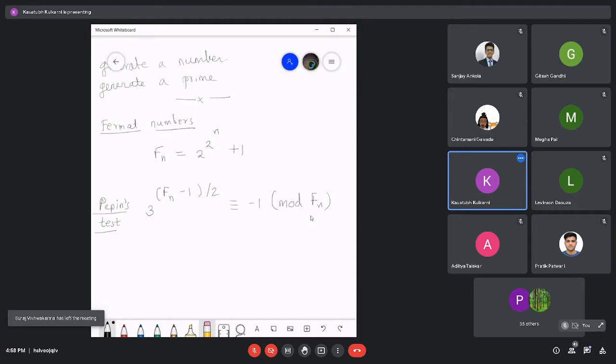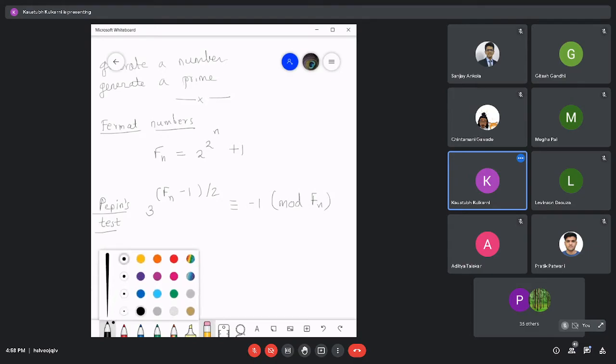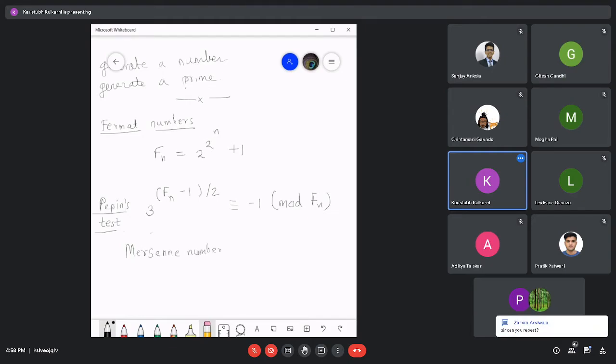Similarly, there are something called Mersenne numbers. A Mersenne number is defined as MP, where P is a prime.